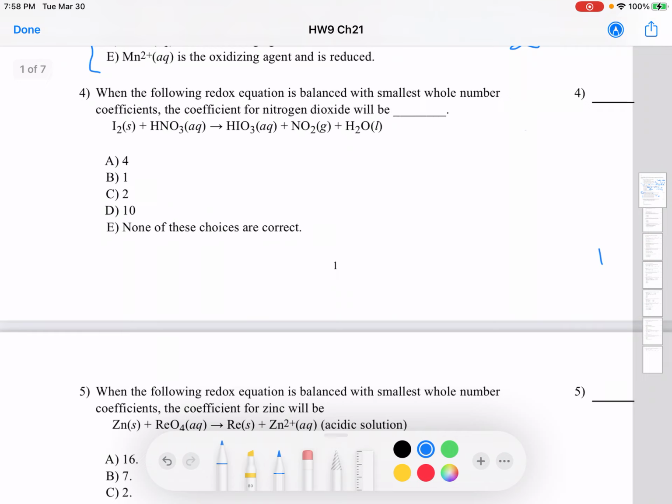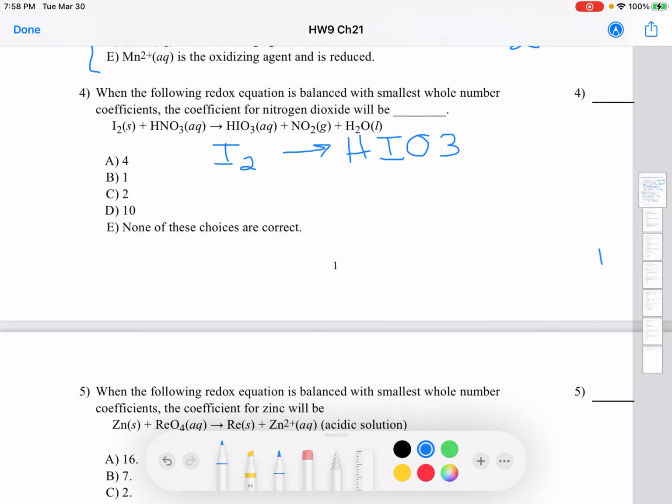Let's see. We have to first identify the two half reactions. One is I2 goes to HIO3. So this is happening in the acidic medium. You can see there is nitric acid.